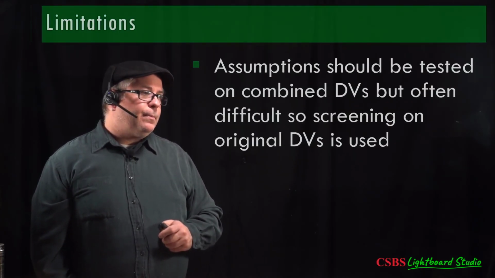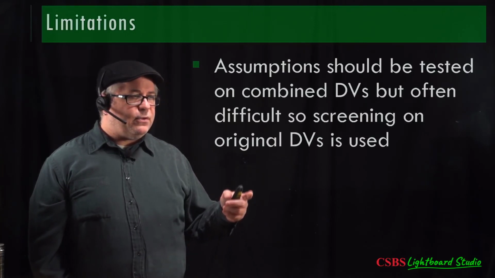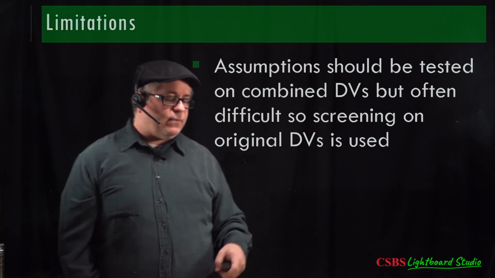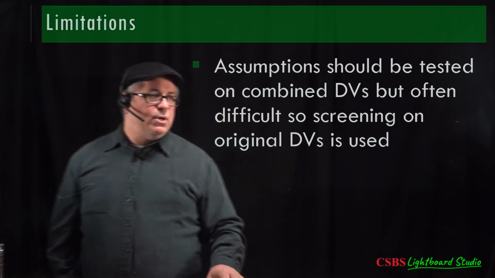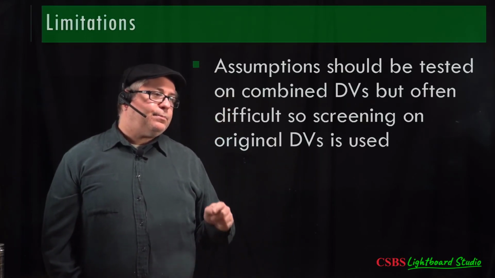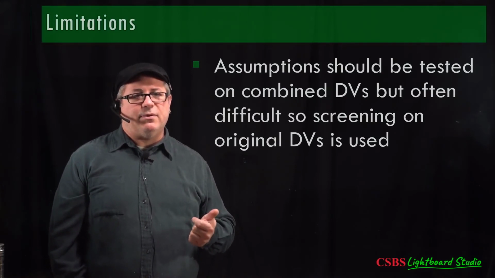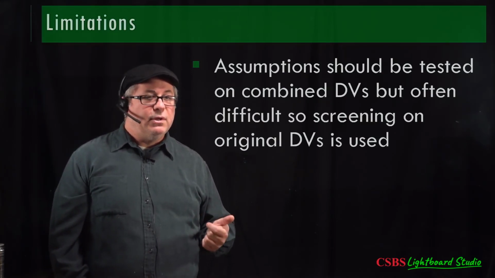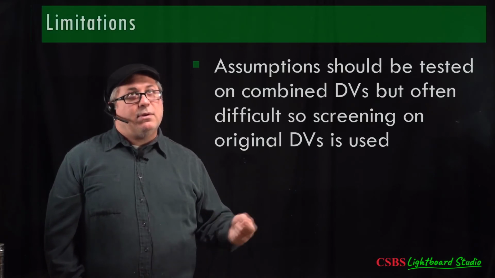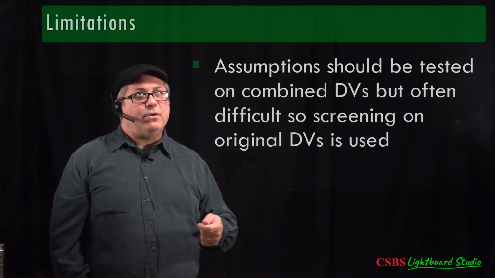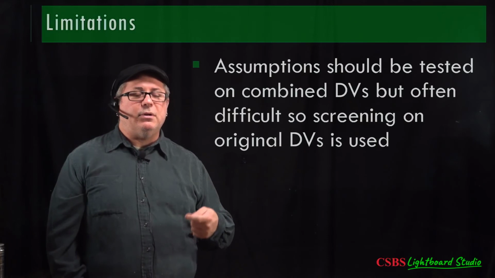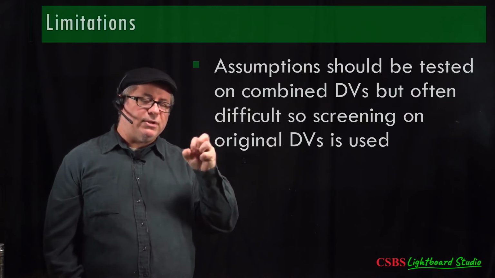And then I'm not sure there's really a limitation, but we're going to talk about assumptions. As we talk about assumptions, we have to think about the assumptions that are being tested on combined DVs, but that's often difficult to do. So often you'll see people say, oh, we need to look at multivariate normality, or we need to look at things across multiple DVs together.